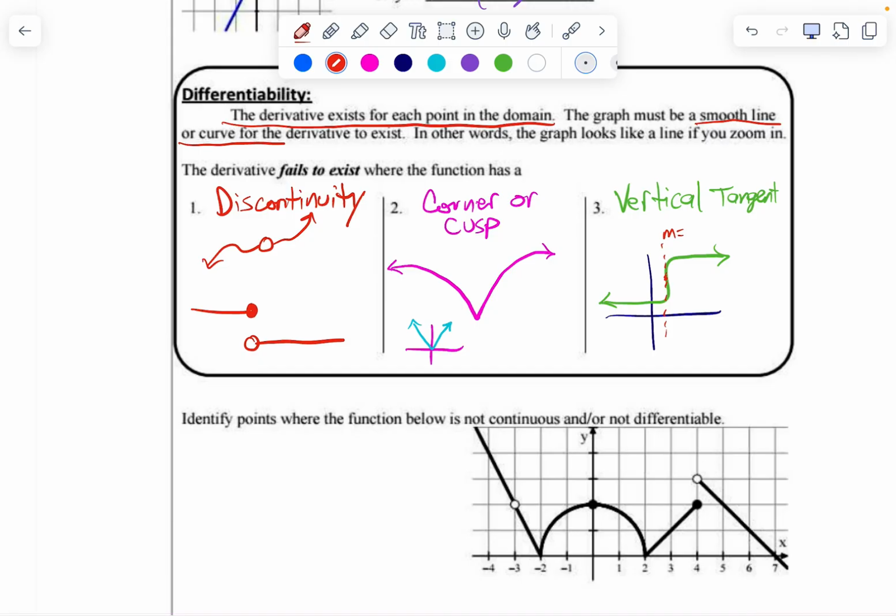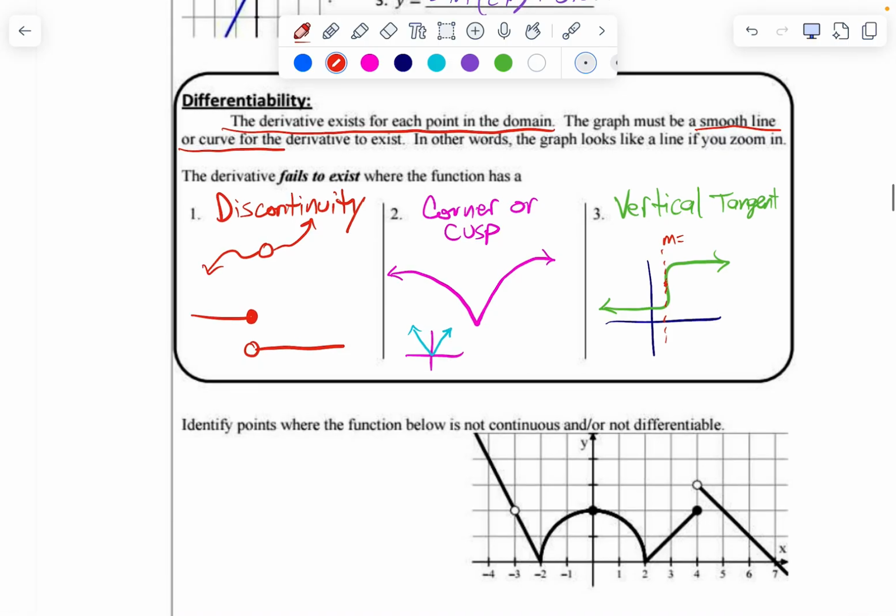What's the slope of a vertical line? It's undefined, right? You remember the M is our letter for slope. Okay, so if we have an undefined slope, then remember what the slope of the tangent line is called? Everybody? Slope of the tangent line is called the derivative, right? That's the derivative of that function at that point. So if our slope is undefined, so is our derivative. It's undefined as well.